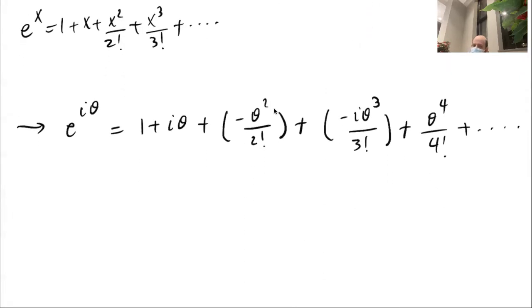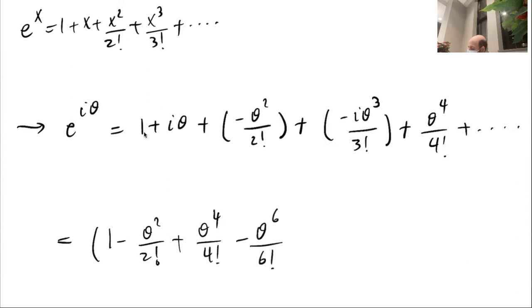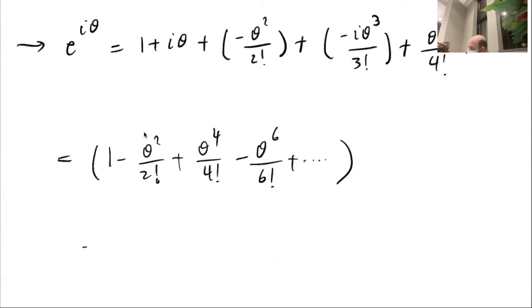Now, if I rearrange the terms here, I can write it as 1 minus theta squared over 2 factorial plus theta to power 4 over 4 factorial minus theta to power 6 over 6 factorial, plus i times, so for the remaining terms, let me take the common factor i out, and what will be left?